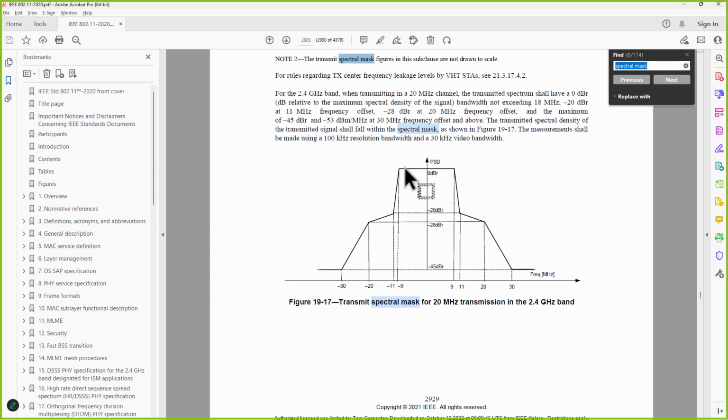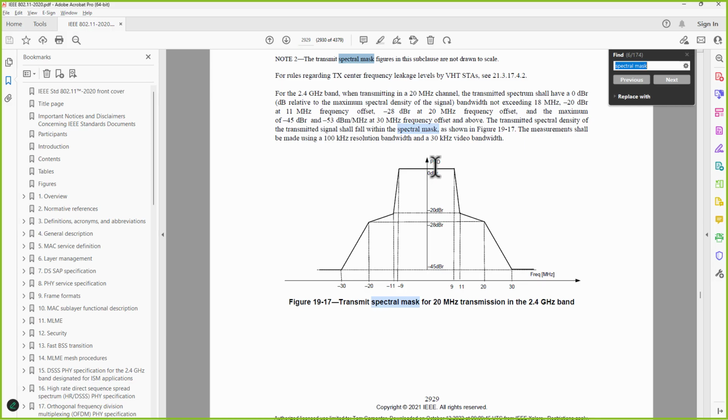And what you see is that by the time we get down to 11 megahertz below the center frequency, we have to have fallen off by 20 dB. By the time we get down to 20 megahertz, we have to have fallen off by 28 dB. And by the time we get down to 30 megahertz, we have to have fallen off by 45 dB. Now that's dBr, that's dB relative to the peak power.